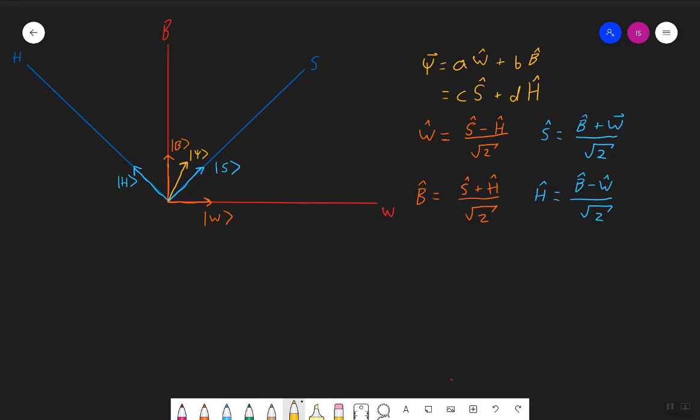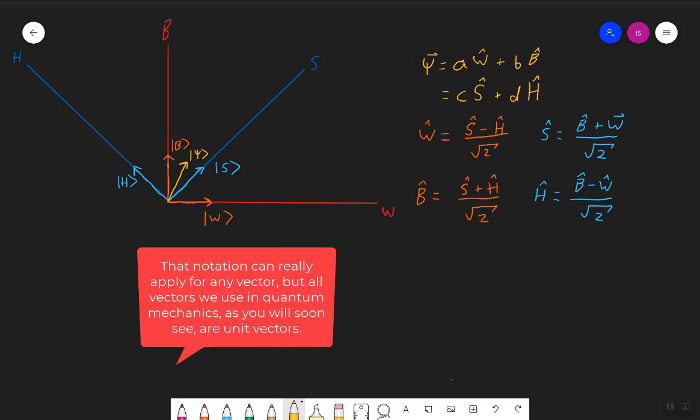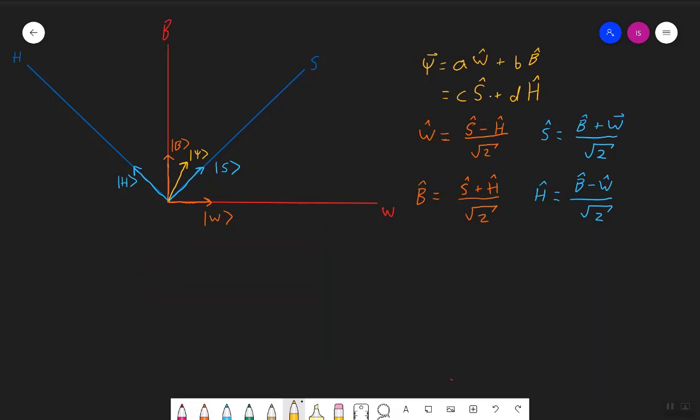Okay, so now we're going to actually rename some of this stuff. So I'm going to erase this and rewrite it in the way that we'll be writing it in quantum mechanics. So here, the vector psi can be expressed as some constant CW, or it's a scalar, right?